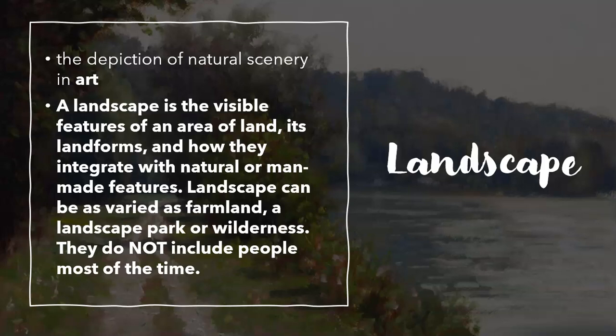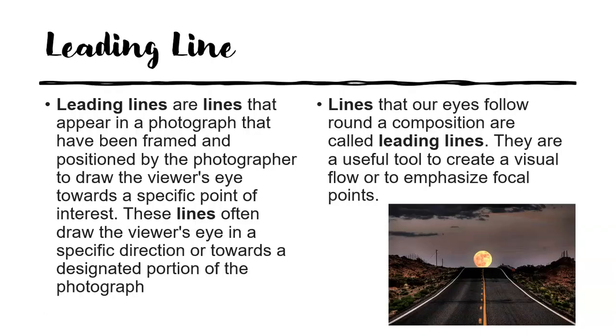A landscape is the visible features of an area of land, its landforms, and how they integrate with natural and sometimes man-made features. A lot of it is farmland, wilderness, forests, beaches, mountain ranges. Really it's endless, so try not to include people or man-made buildings in your landscape.